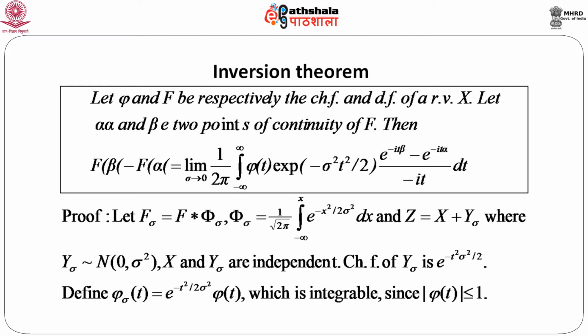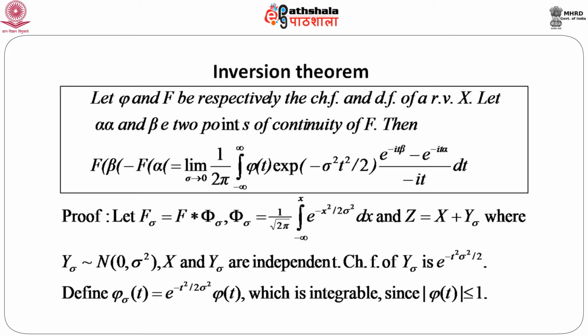Naturally, since Y sigma follows normal(0, sigma square), the characteristic function of Y sigma is e to the power minus t square sigma square by 2. Let us define one function, small phi sigma t, equal to e to the power minus t square sigma square by 2 into phi t.